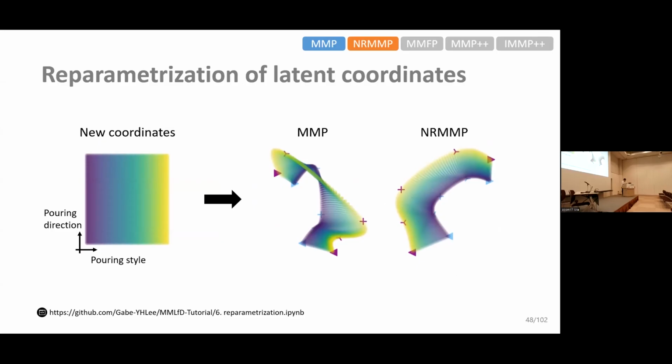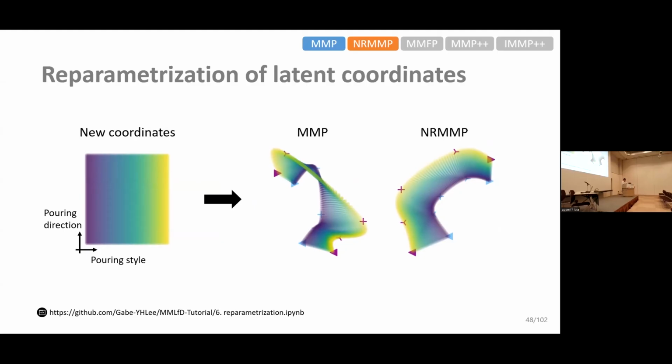We can also reparameterize the latent coordinates to the new coordinates shown on the left, where moving along the x-axis changes the pouring style, and moving along the y-axis changes the pouring direction. This new parameterization can allow us to more easily modulate each vector in the new coordinates.